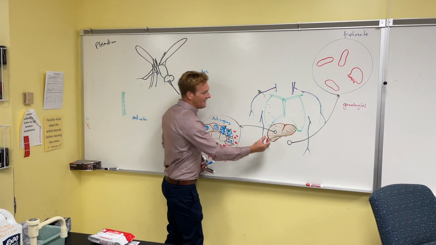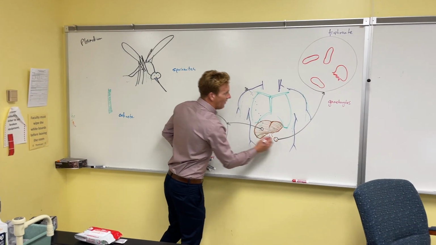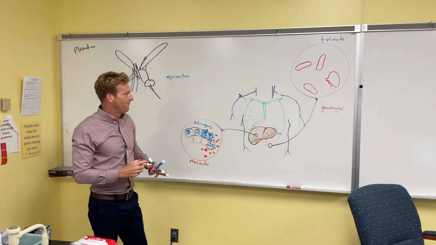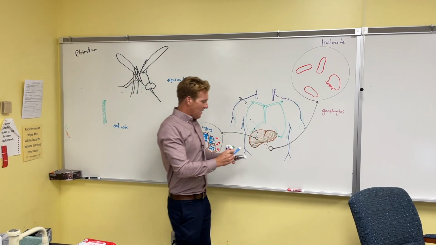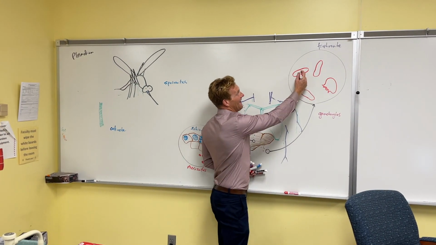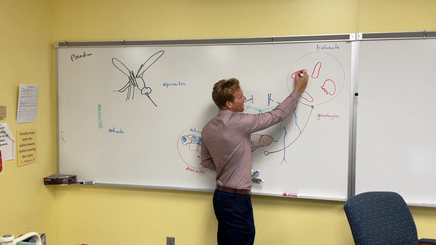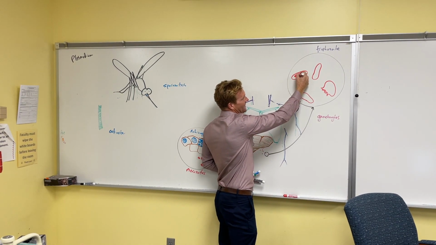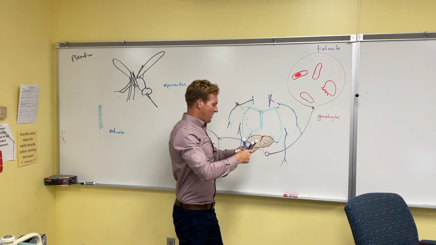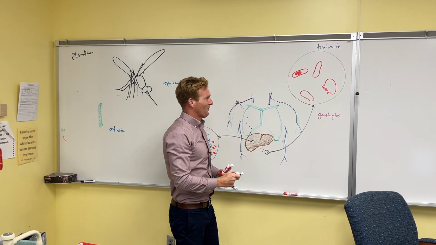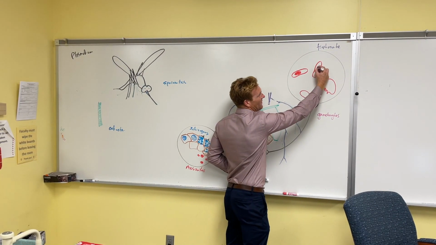These merozoites leave the liver and enter the bloodstream. Once they enter the bloodstream, they start to invade red blood cells, which I've drawn here. After they invade the red blood cells, they turn into a different ring-like form called a trophozoite.